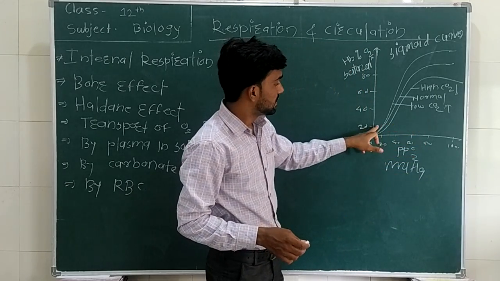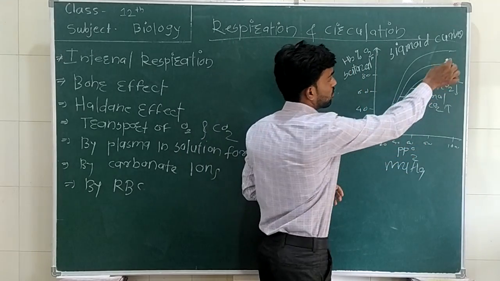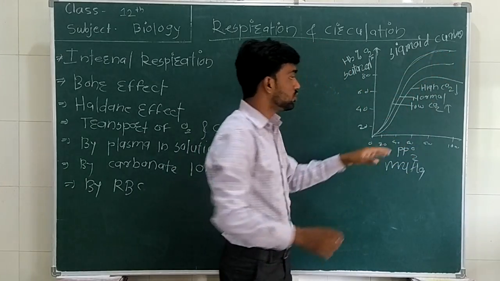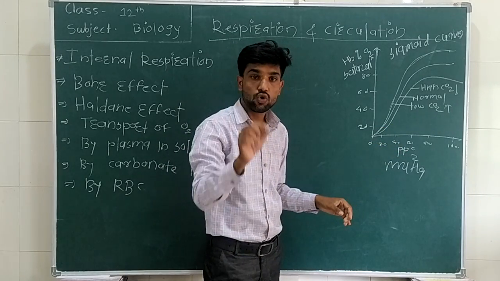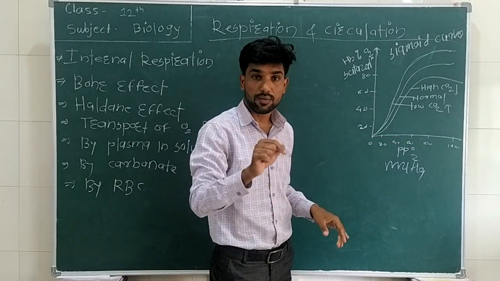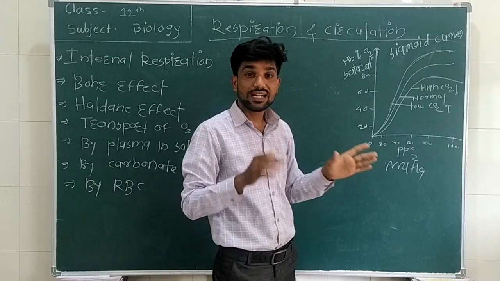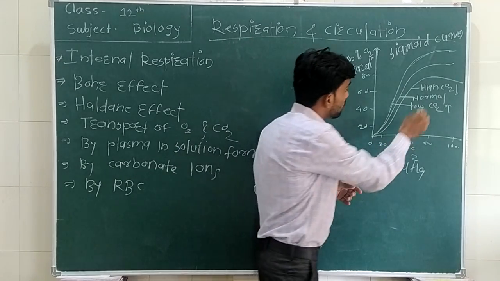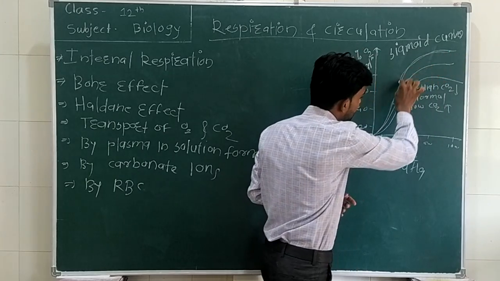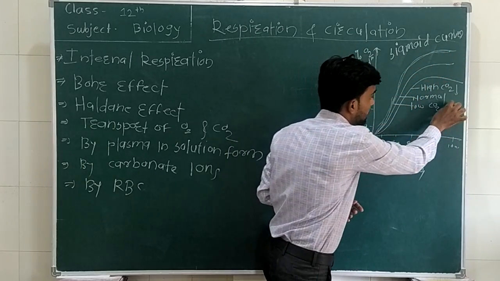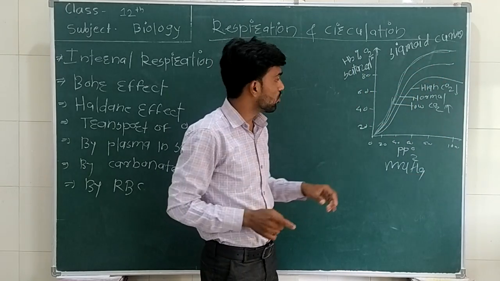Low CO2 means in your hemoglobin the oxygen is more, so there is less carbon dioxide. So the graph moves steadily to the left side. Your pH is high, meaning low hydrogen ion concentration.